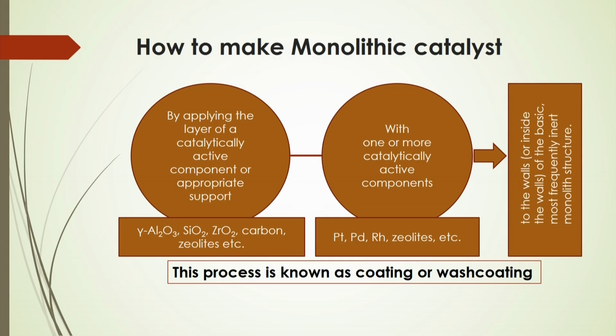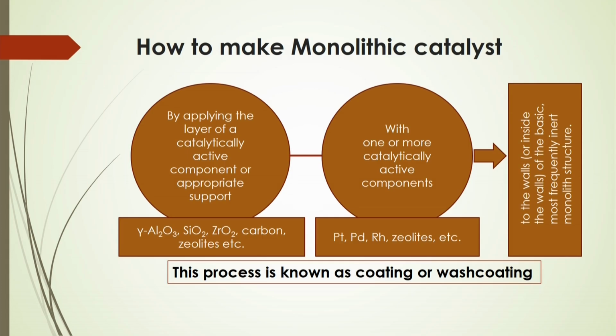Now, the support materials are like gamma aluminum oxide, silicon dioxide, zirconium oxide, carbon, zeolites, etc. And one or more catalytically active components are there. They are platinum, palladium, rhodium, even zeolites, etc., which are used as catalytically active components, where the supporting materials will be oxides like aluminum oxide, silicon dioxide, zirconium oxide.